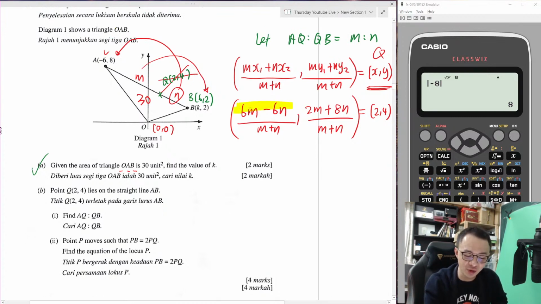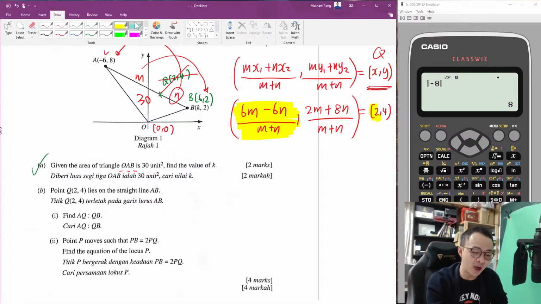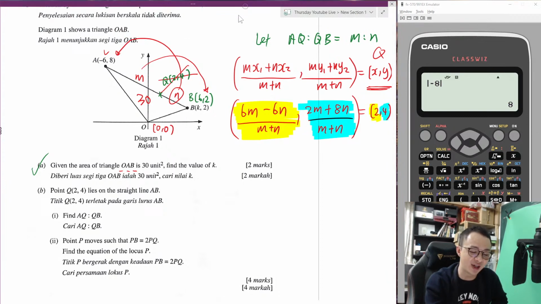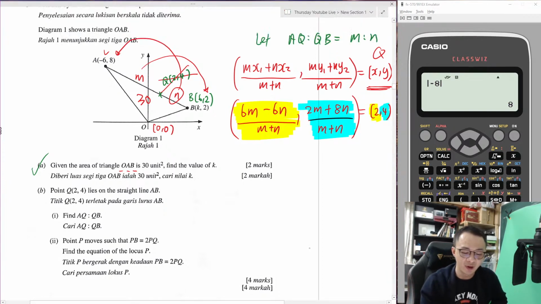In this case, I choose to take the X here. So if you want, you can choose to take the Y and you will get the same result. So no need to worry. Okay, if I take the yellow color one, which is the X value here, which is 6M minus 6N over M plus N equals to 2.